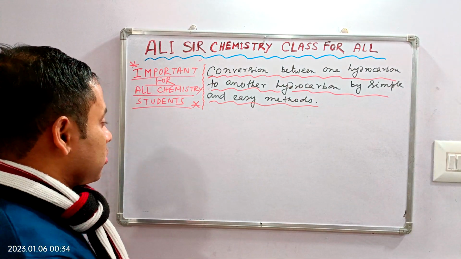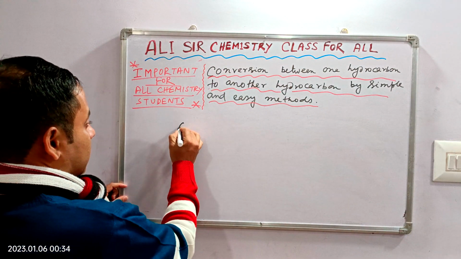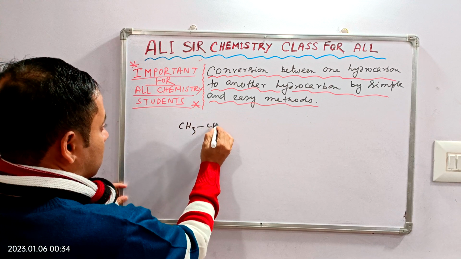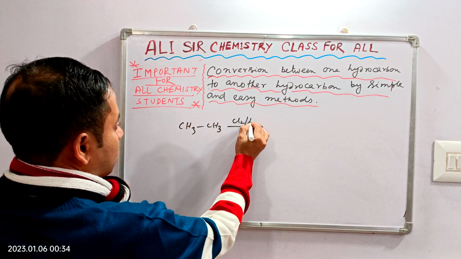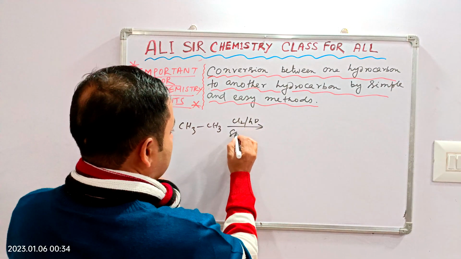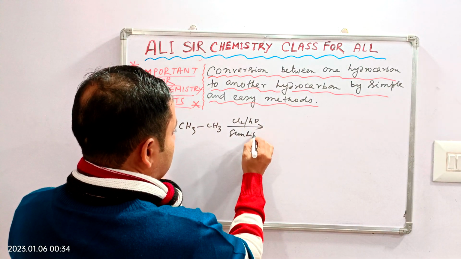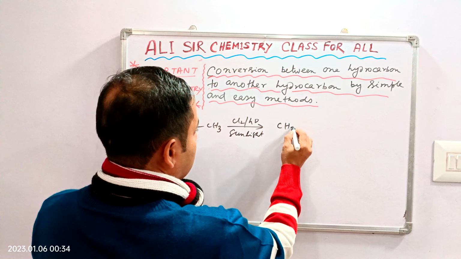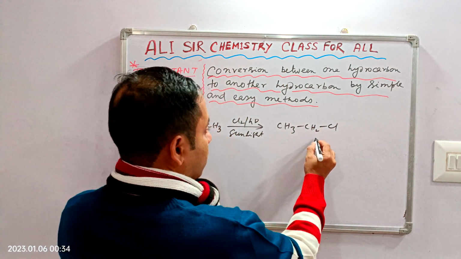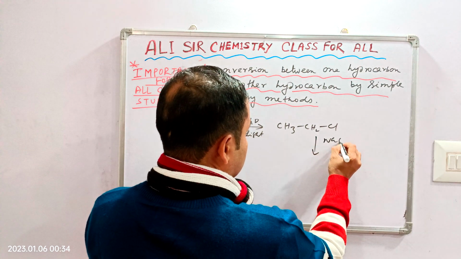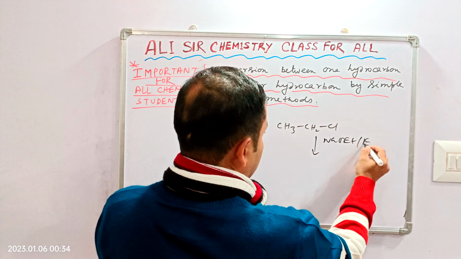Okay, so I am writing again: CH3CH3, Cl2, h nu, or sunlight. What will we get? Ethyl chloride. You use sodium ethoxide in ethanol.